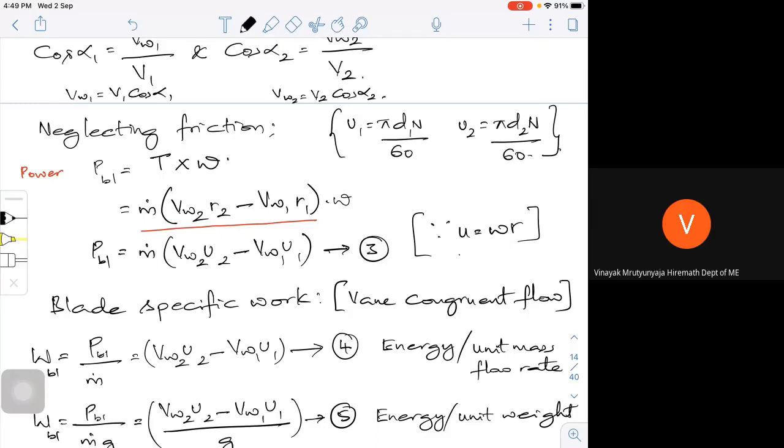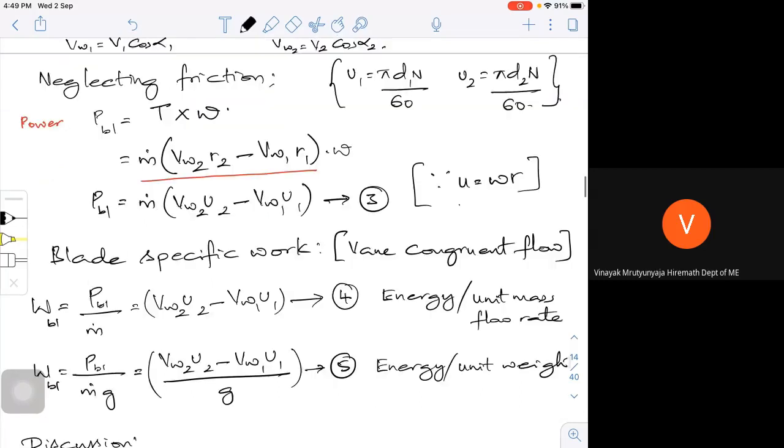So omega r, you know that formula. If omega remains the same, there is nothing called omega 1 and omega 2. Omega, that is 2 pi n by 60, is the same for the whole turbo machine. I can write omega into R2 as U2.